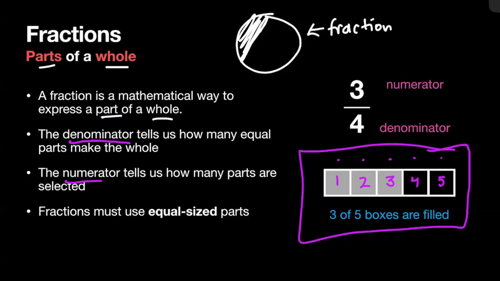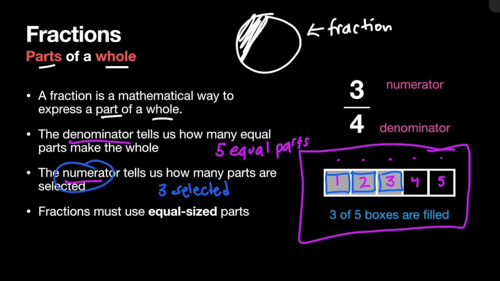Because we have 5 equal parts, and 5 equal parts make up the whole shape, right? And then, as you can see, we have only 3 of the boxes selected. So that will be our numerator because we have 3 selected parts.